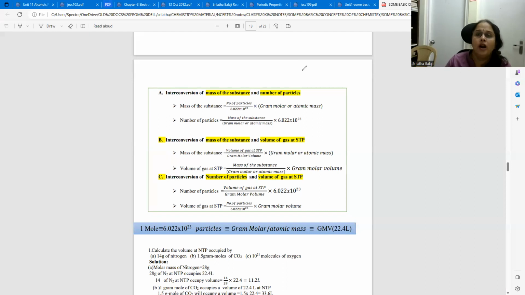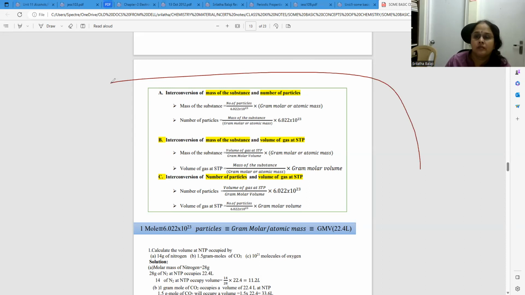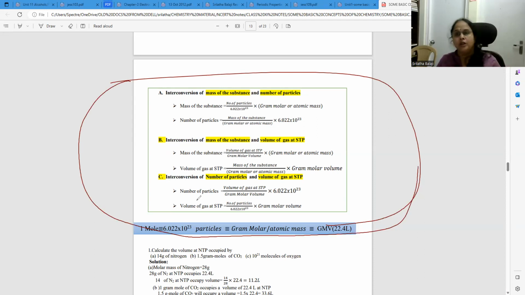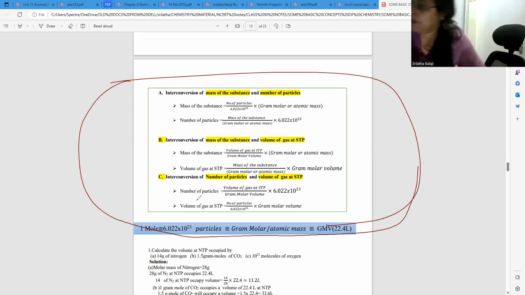Clear? This is what I was focusing on. This is a part. You take the formula method or you directly take this conversion chart. Everything is in this. Make a note of this. Just a minute, I'll charge my laptop.